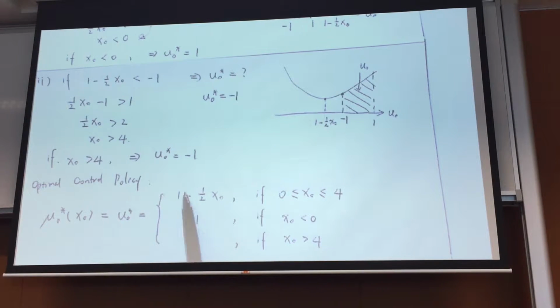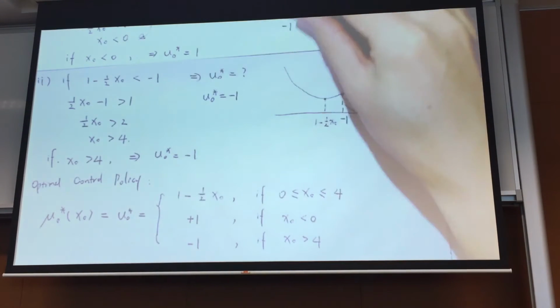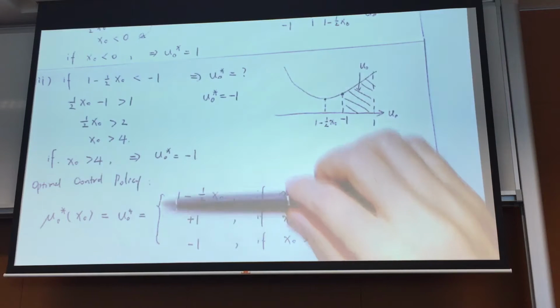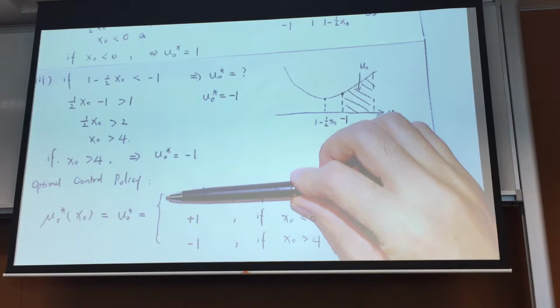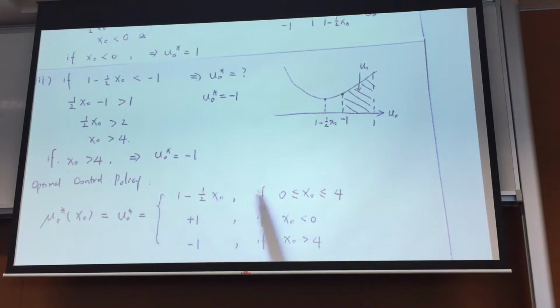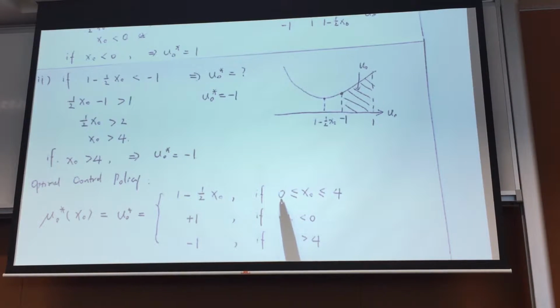So if you already solved this problem and you change a little bit on the initial condition, you don't need to do the optimization again. So all these are general. This is the main advantage of the dynamic programming technique.